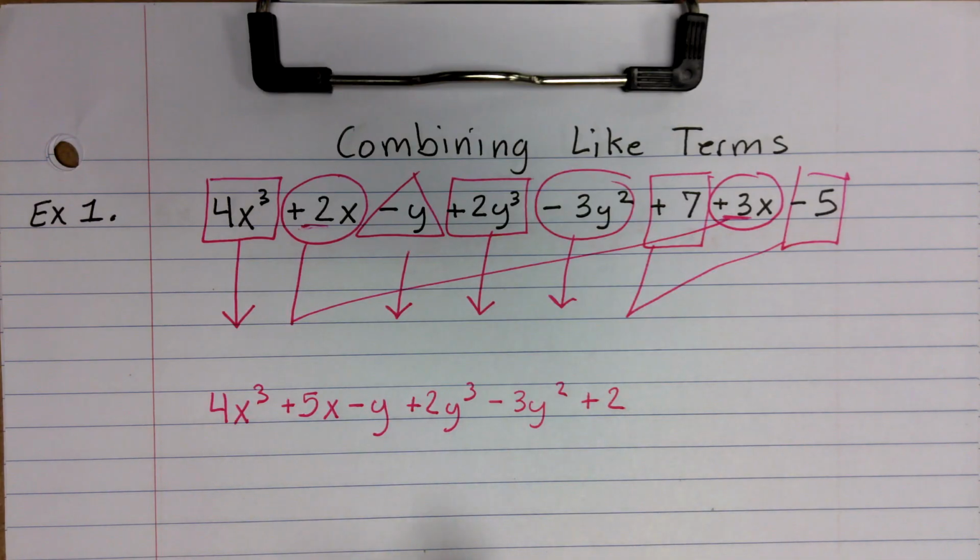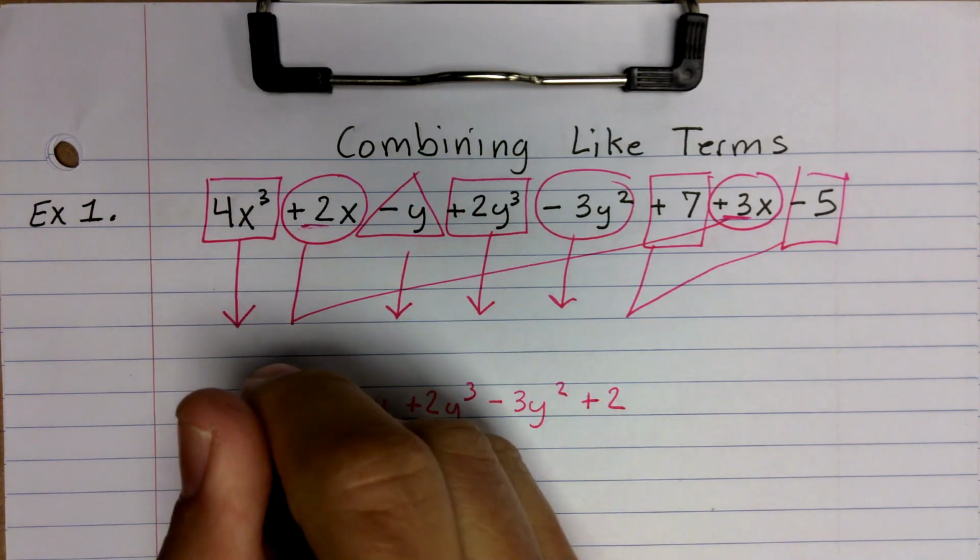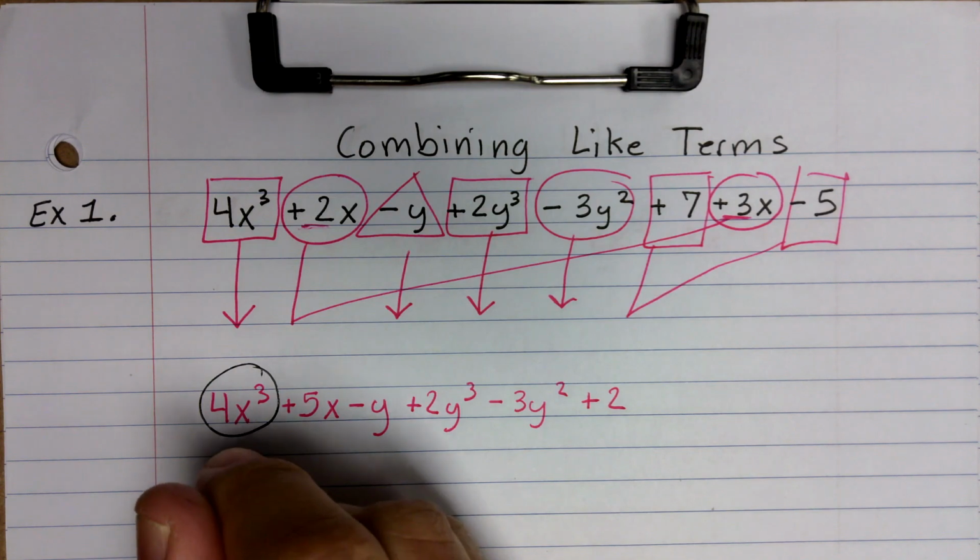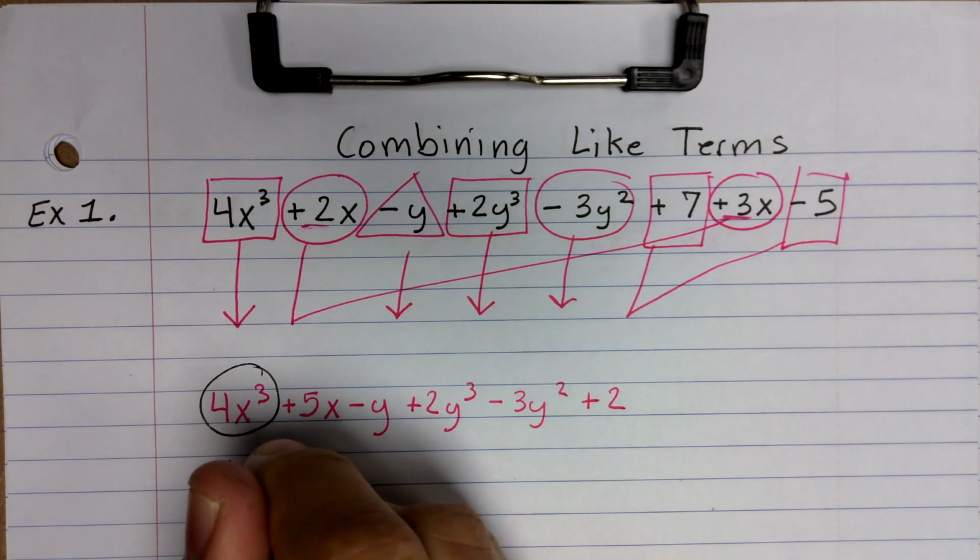However, when we write our final answer, we do want to put the terms in order with the highest power first, and then the next highest power, and the next, and so on. So I'm going to start by rewriting this whole thing for my final answer. I'm going to write it as 4 times x to the power of 3.